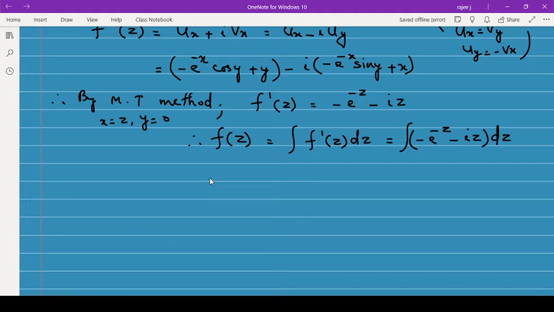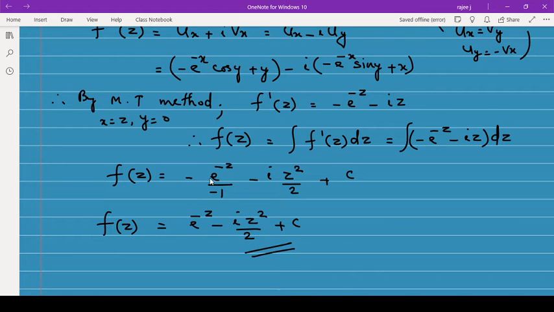So f of z is equal to minus e raised to minus z, whose integral is e raised to minus z divided by the derivative of minus z, which is minus 1, minus i into the integral of z, which is z square upon 2, plus the constant of integration c. Therefore this is our f of z. So minus minus, you can change it as plus. So minus e raised to minus z minus i z square by 2 plus c. So f of z we got.